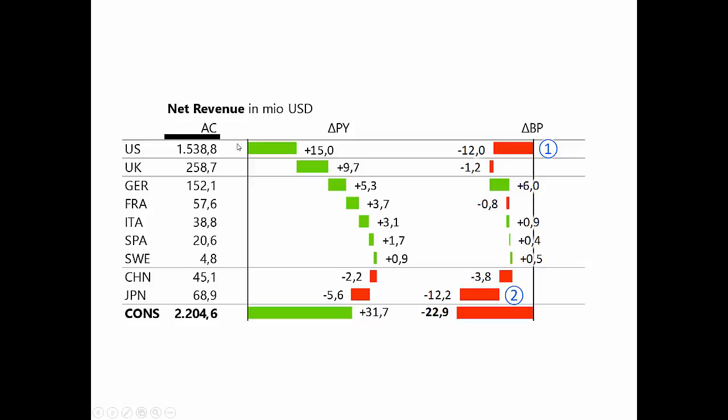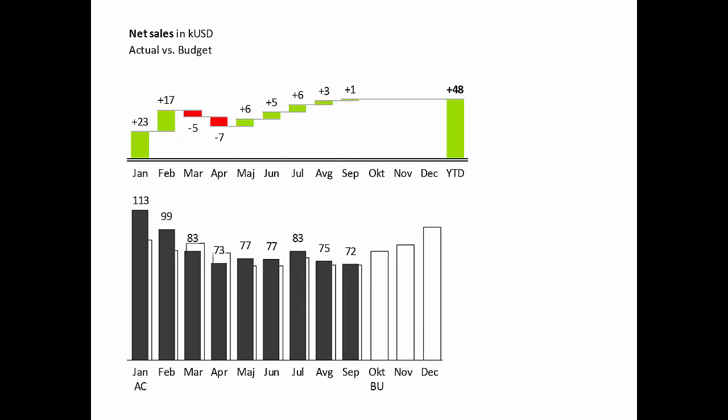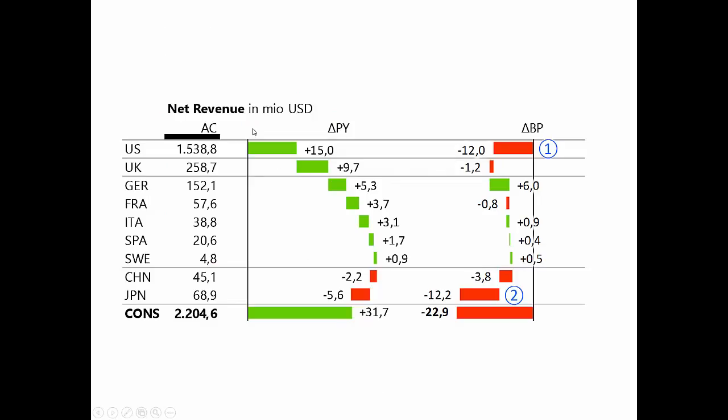Usually the rule is to use a left to right axis, a horizontal axis, for time, like in this case the months, but here we have a structure, so in this case it's better to use vertical waterfall charts. And what we see here is interesting because I now have a waterfall chart displaying the variance from previous year.